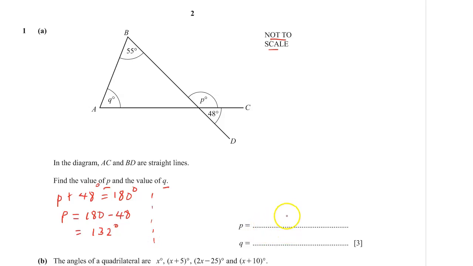So P is 132 degrees, and Q is right here.